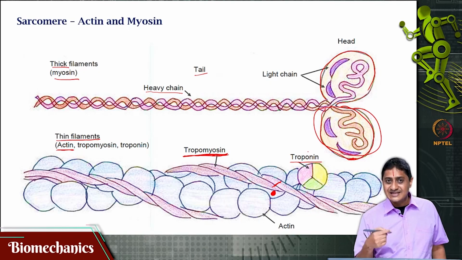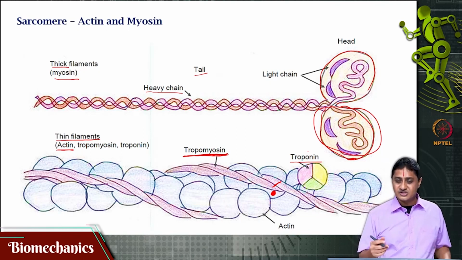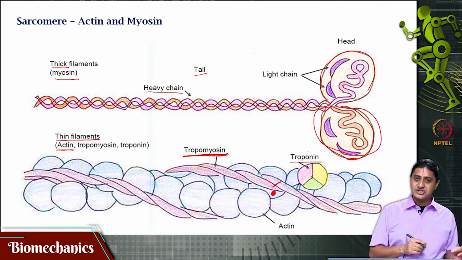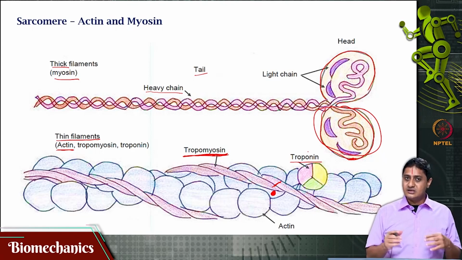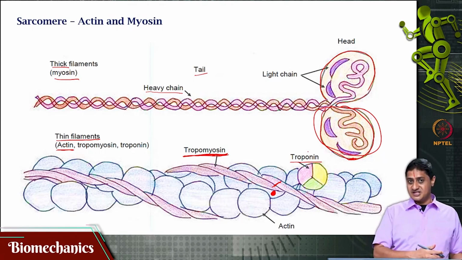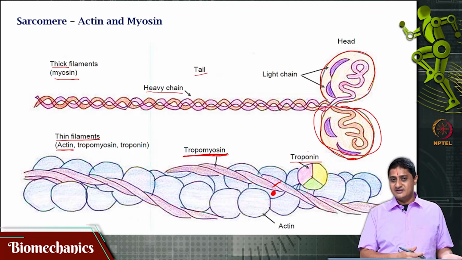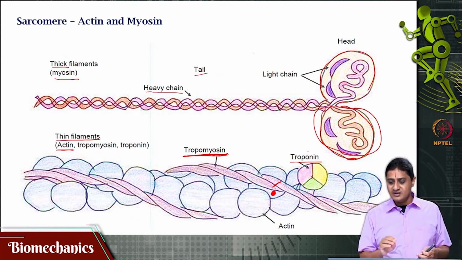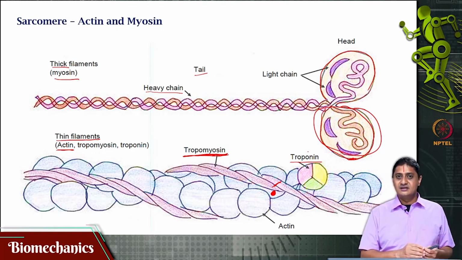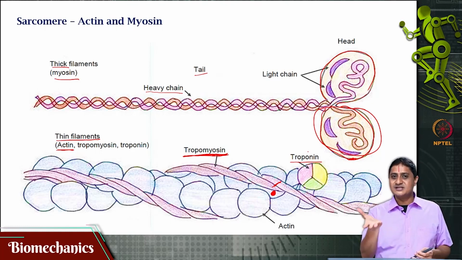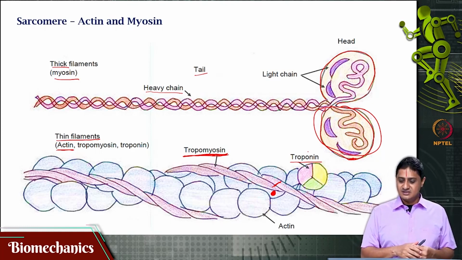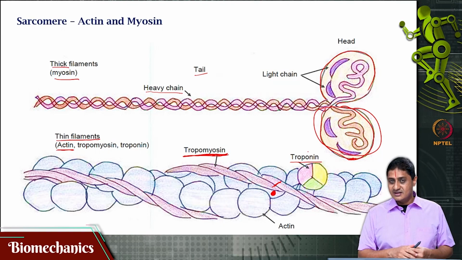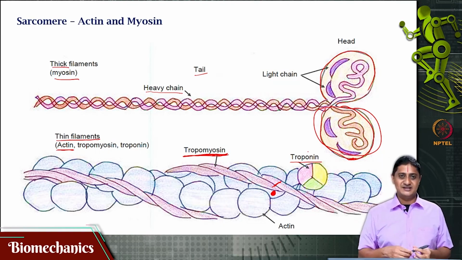When calcium is detected by troponin, it undergoes a structural or conformational change, going to one more of its stable states, such that tropomyosin is slightly moved, exposing the actin binding site. Thus, the myosin head can attach to that binding site.